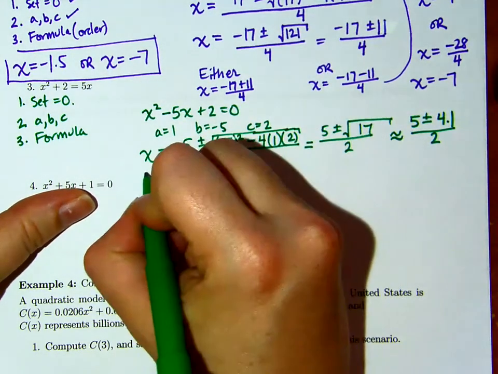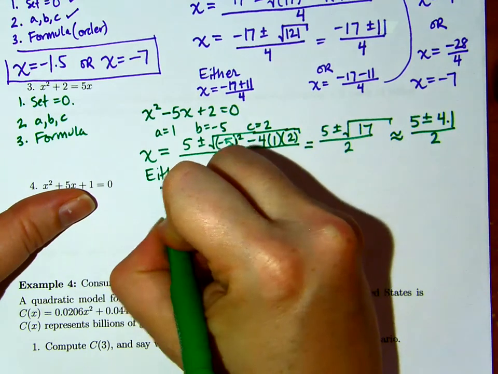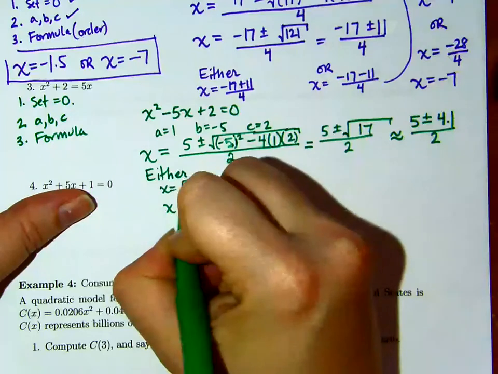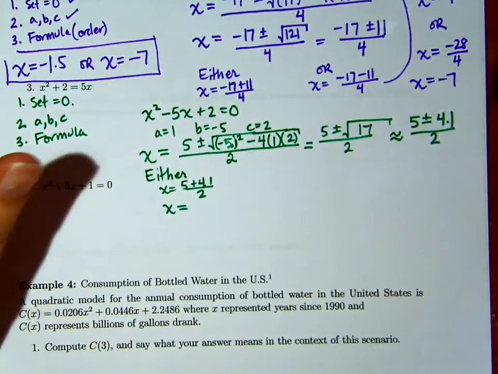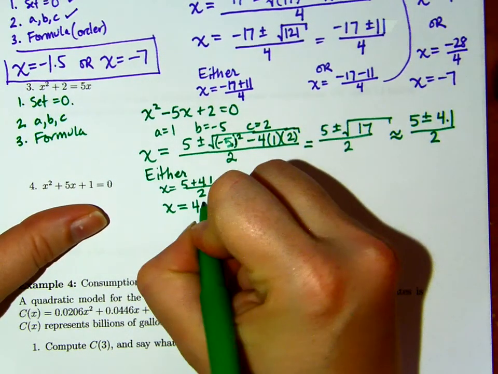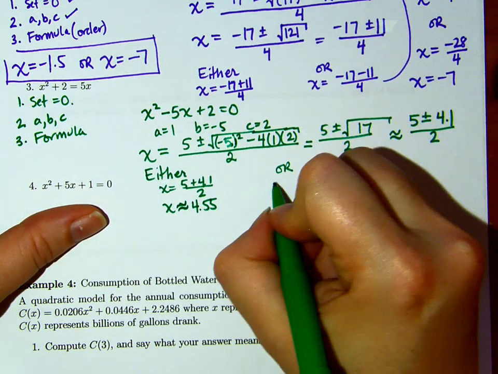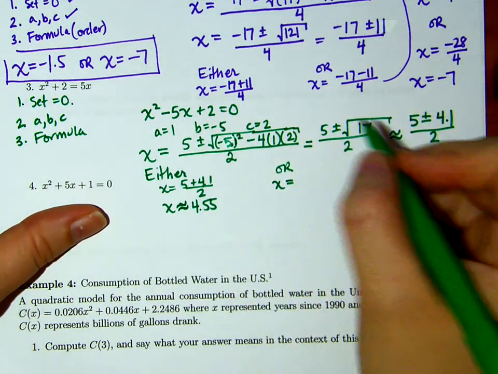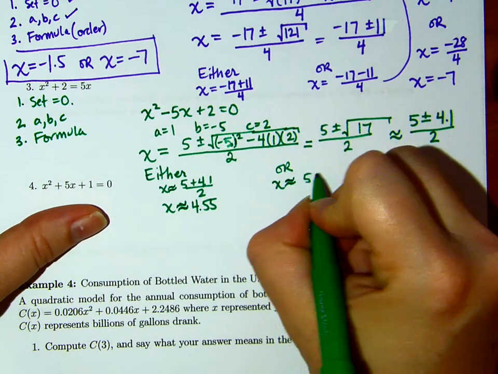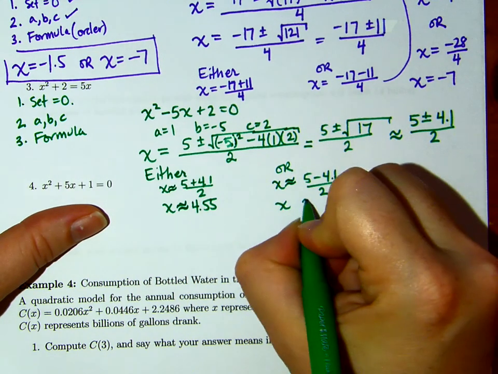Okay, so either x equals 5 plus 4.1 all divided by 2, which would result in 9.1 divided by 2, which is 4.55 approximately, or x is approximately equal to 5 take away 4.1, which is 0.9, and then divide that by 2.